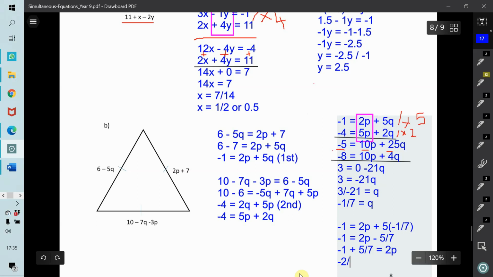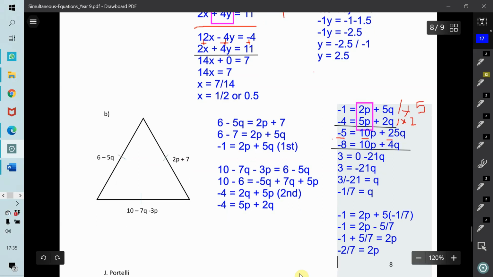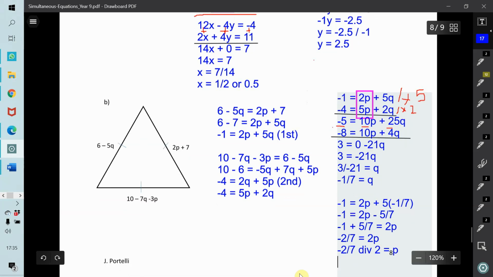Minus 2 all over 7 equals 2p. And so this is minus 2 all over 7 divided by 2, which is equal to p. If I divide by 2, it will come negative 1 all over 7 equals p.